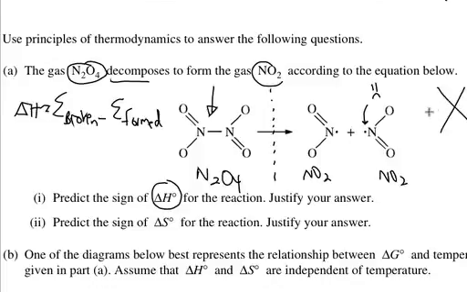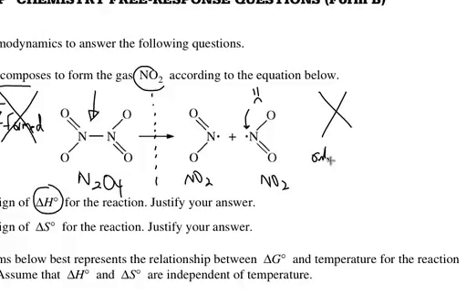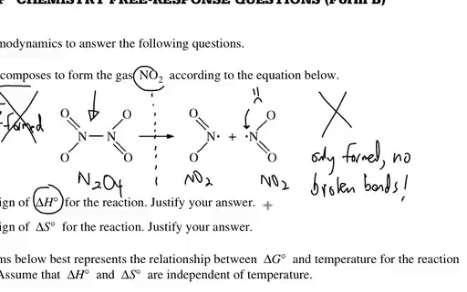Nothing is formed on the right side. If only bonds are broken, delta H's only option is to be greater than 0. No formed bonds, only broken bonds. So delta H in this case is going to be positive.